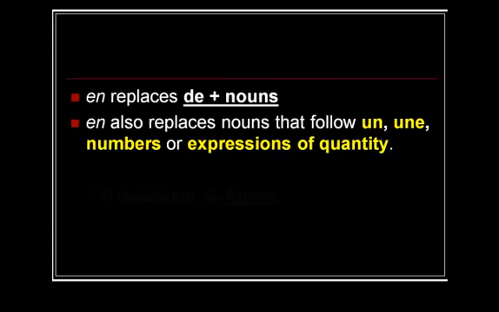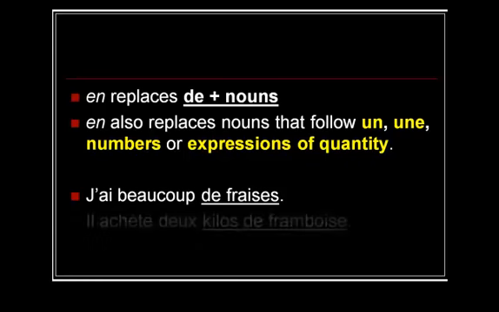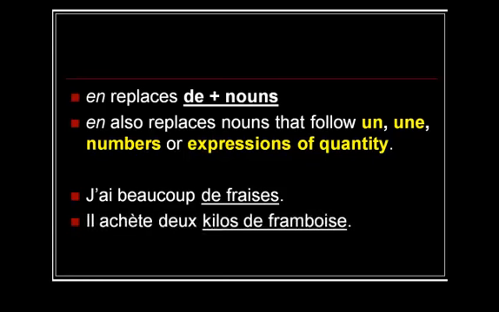For example, I could use en to replace de fraises in the sentence j'ai beaucoup de fraises. Or I could replace 2 kilos de framboises in the sentence il achète 2 kilos de framboises. So if I wanted to say he's buying 2 kilos of them, then I would use en to replace the 2 kilos de framboises.